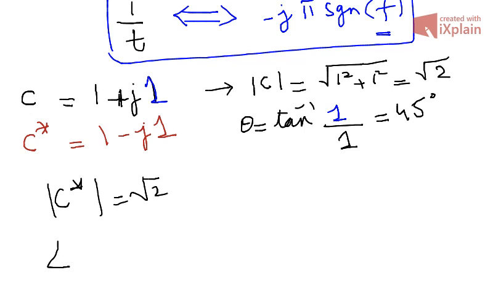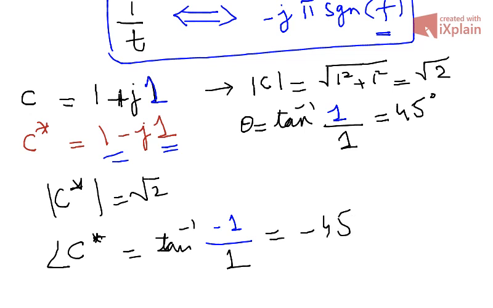it would be minus tangent inverse of this part, which is -1, over the real part, which is 1. Now it is minus 45 degrees, right? So by changing this sign, the magnitude does not change, only the phase changes.